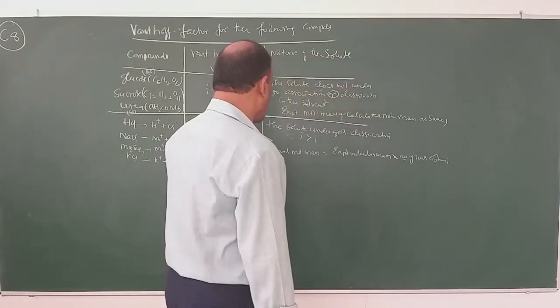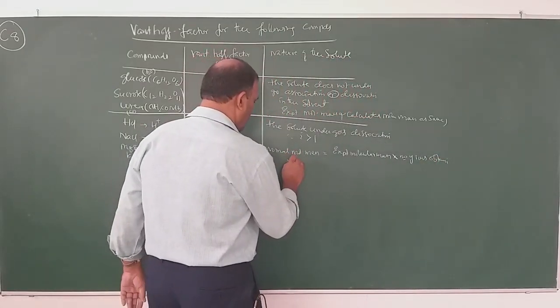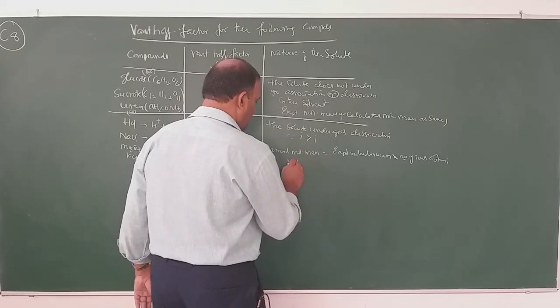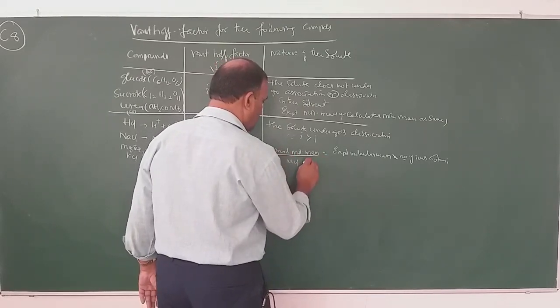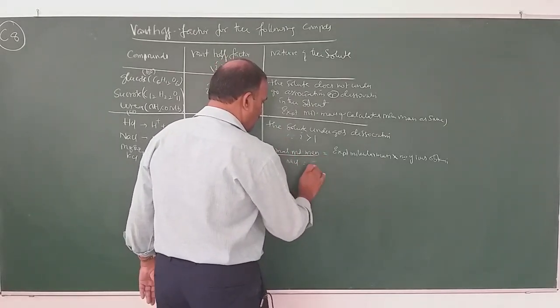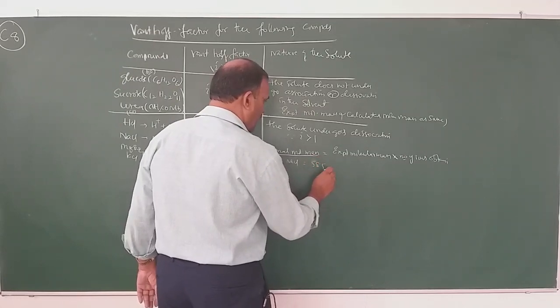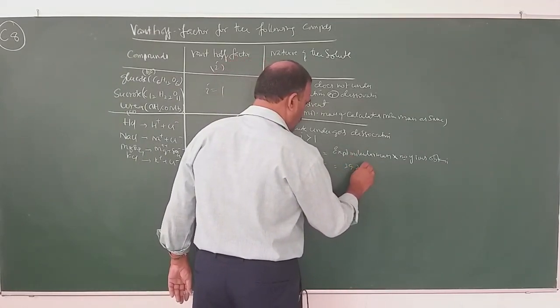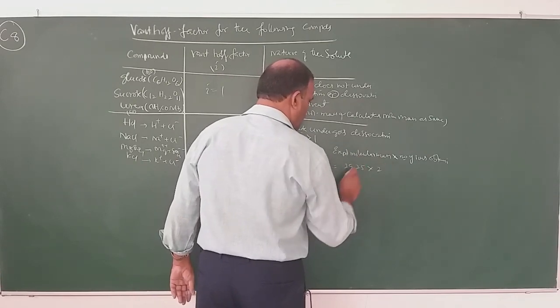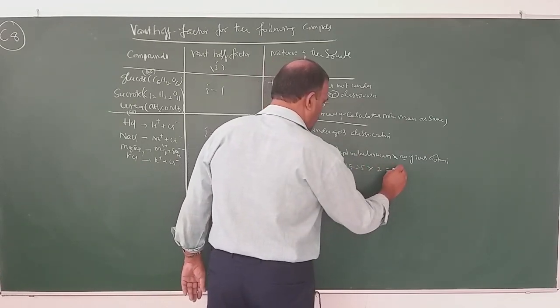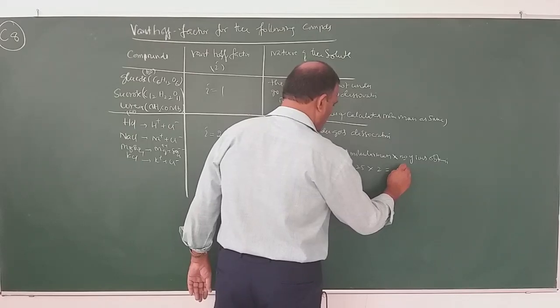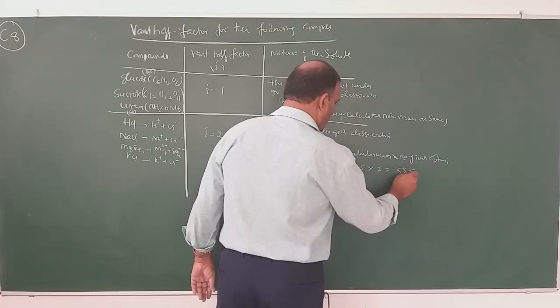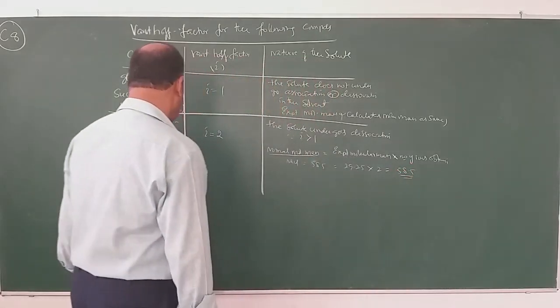So for example, normal molecular mass of NaCl is equal to 58.5, experimentally determined is 29.25, number of ions obtained is equal to 2, so totally it is 58.5, like that.